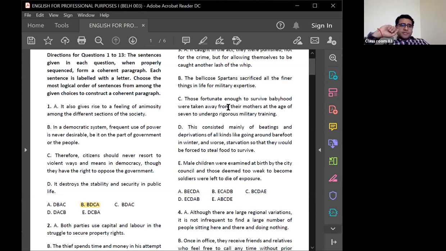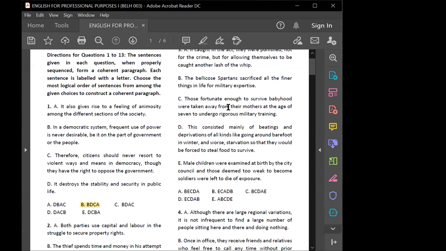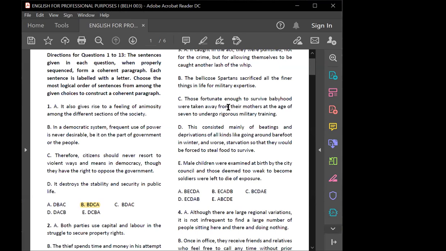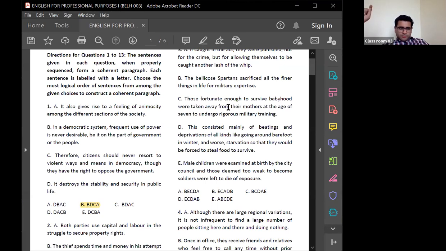So which destroys the stability and security in public life? Sir, democratic system. Democratic system or frequent use of power? Frequent use of power. Okay.